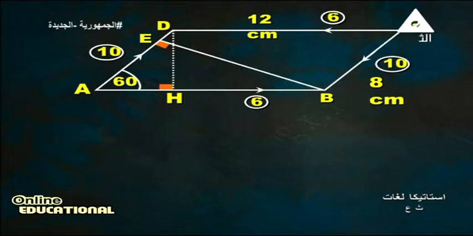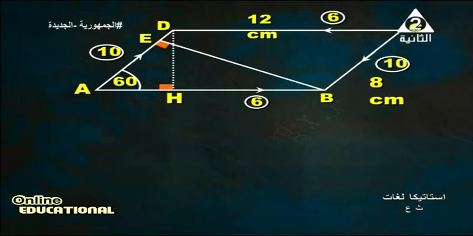How to find the length of DH? Angle A equals 60. Then DH equals 8 sine 60. Why? Because AD equals 8 centimeter, and AD equals BC. In triangle DHA, DH over DA equals sine 60. Therefore, DH equals 8 sine 60.